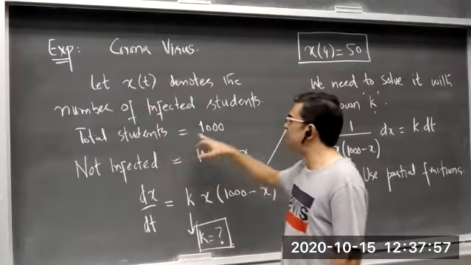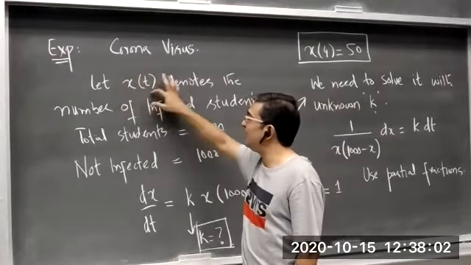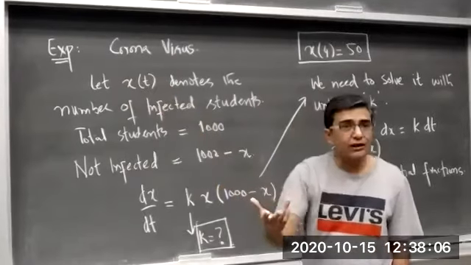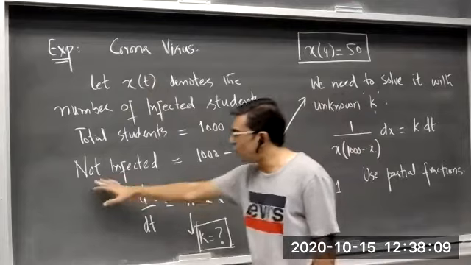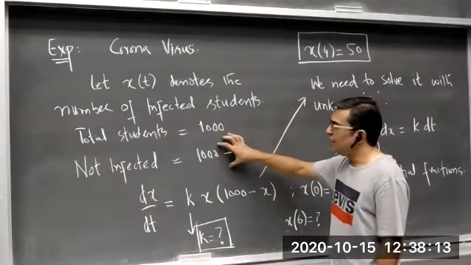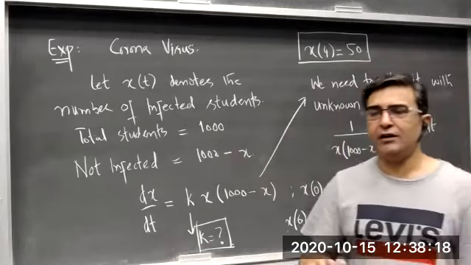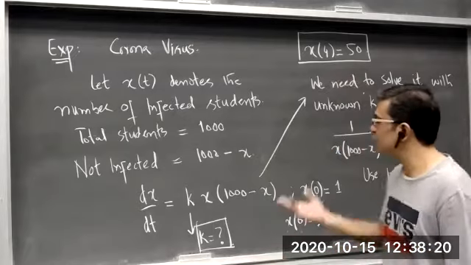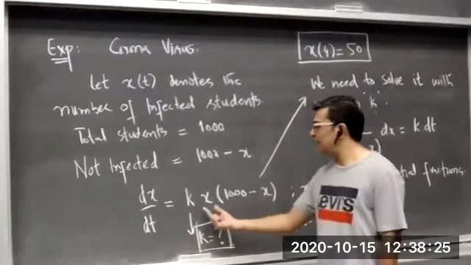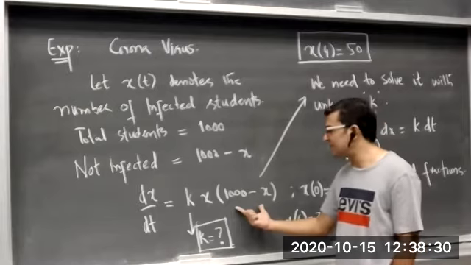The total number of students is 1,000. If there are x of t infected students, then the not infected students are definitely 1,000 minus x. Now, we know that the rate of infection of those students, dx by dt, is proportional to the infected students and also the non-infected students.